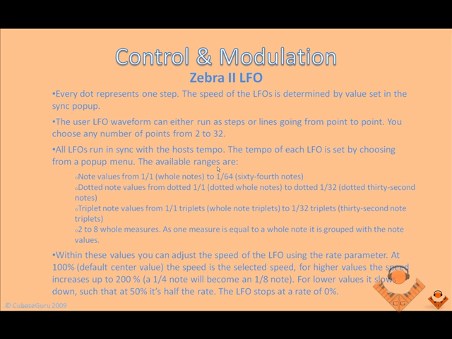The available ranges are note values from 1 to 1, so whole notes to 64th notes, dotted note values from dotted whole notes to 1/32, which is dotted 32nd notes, triplet note values, which is whole note triplets to 32nd note triplets, and 2 to 8 whole measures. As one whole measure is equal to a whole note, it is grouped with the note values.